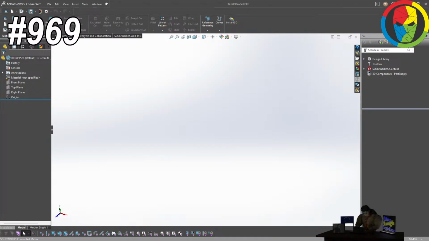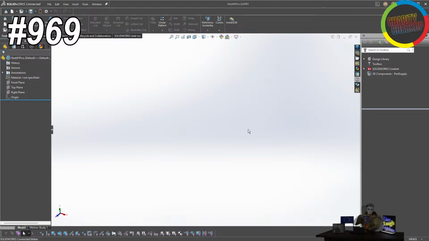Okay. So first things first, we're going to model the Raspberry Pi Pico. Actually, I'm going to unpack mine. I'm just going to measure it all out for the sake of convenience and accuracy, to make sure I don't mess anything up.